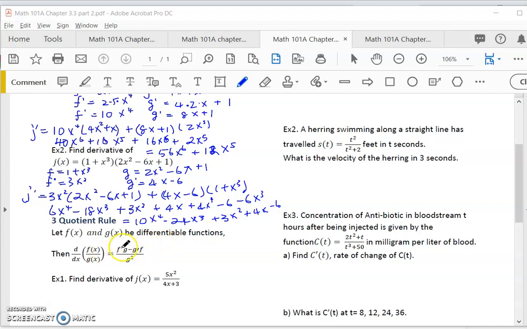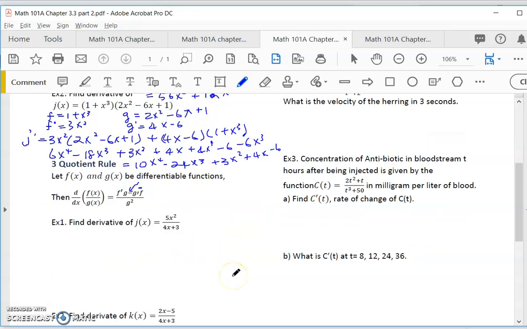That means f prime, do the derivative of f, times g without doing the derivative, minus do the derivative of g, times f without doing the derivative, over g squared. The bottom is g squared. Remember, it is subtraction. Okay. When we do product rule, they add. But when we do quotient rule, you have minus.